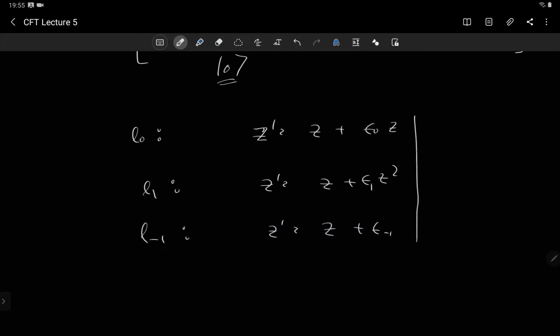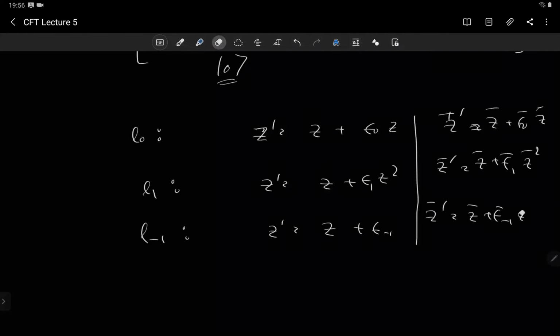And similarly, you will have the same thing for the L bar: z bar prime is z bar plus epsilon 0 bar times z bar. z bar prime is z bar plus epsilon 1 bar z bar squared. And the third one is z bar prime is z bar plus epsilon bar minus 1.